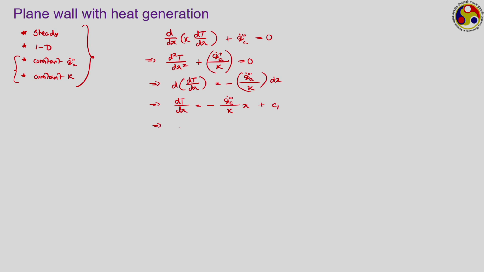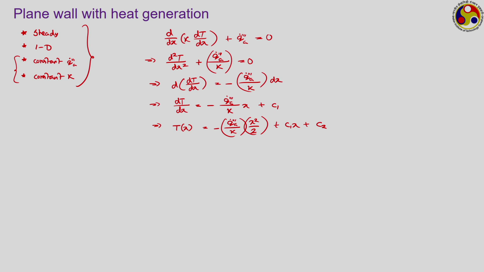If we integrate once more with respect to x, then we get T as a function of x equal to minus qg dot triple prime upon k into x square by 2 plus C1 x plus C2. So, this is the temperature distribution that we are trying to identify.